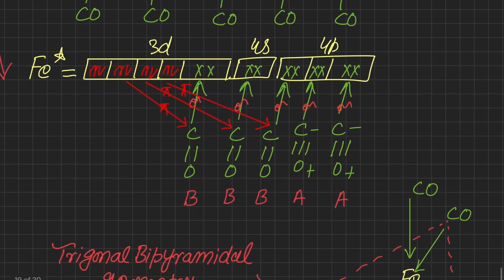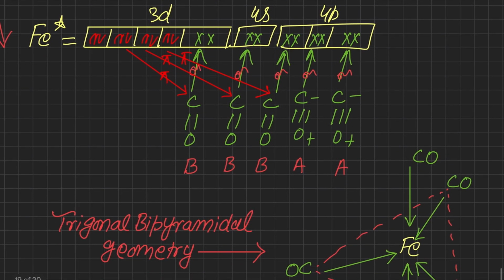Now let's see the bonding situation here. This is the first case in which there are an odd number of carbonyls attached. In the previous lectures we have seen even numbers, and we followed a rule that if there is an even number of carbonyls, then in half we will do back bonding and in half there will be no back bonding.